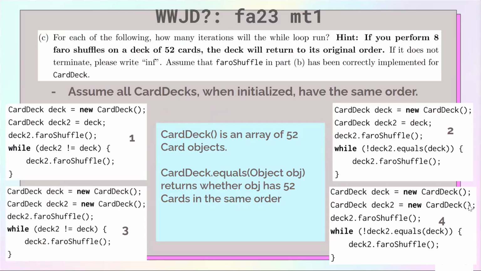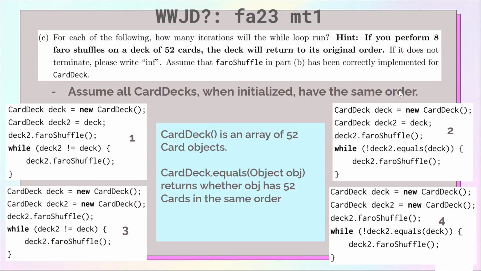And now we have a past exam problem for you to try. It basically has four similar implementations of shuffling a deck of cards. This particular shuffle, if you perform it 8 times, goes back to its original order.